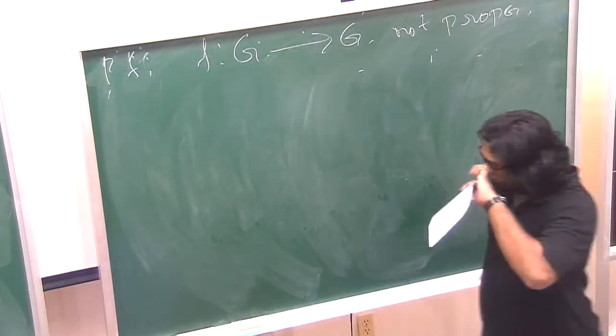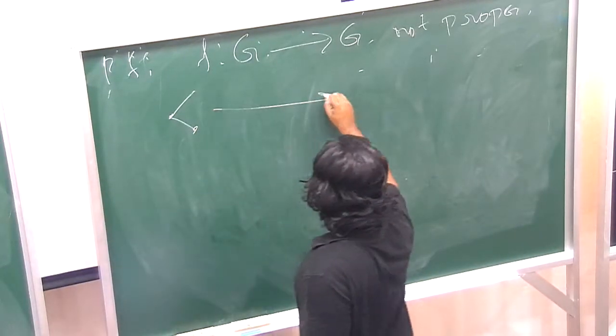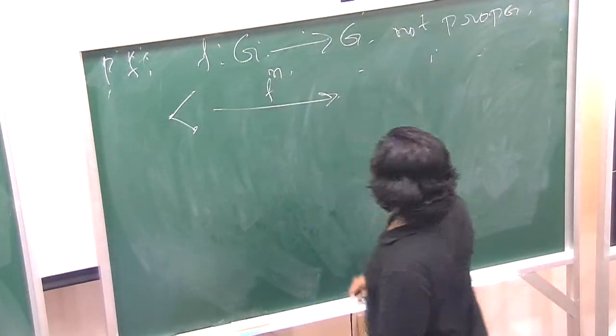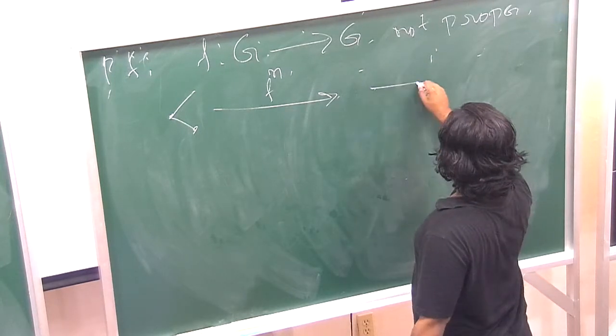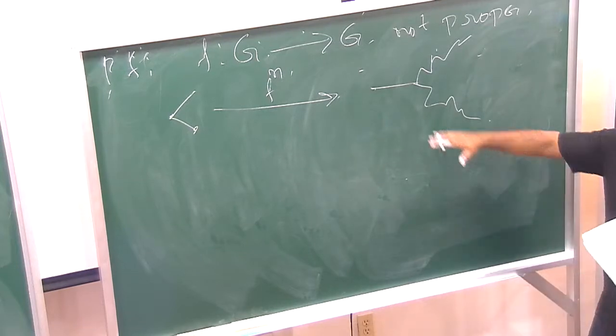So what is going to happen? I will have a turn such that for some iteration, the image will look like something like that, right?